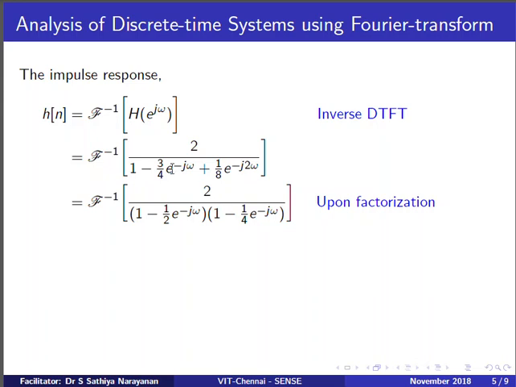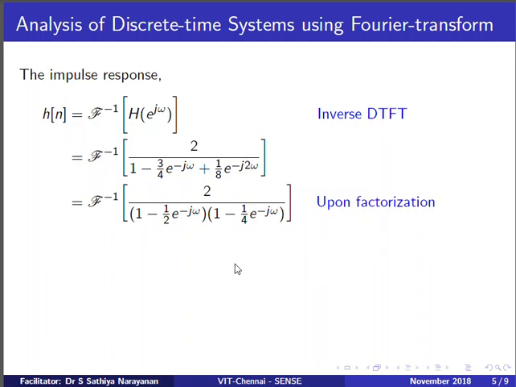So for the sake of convenience, we are splitting this denominator into two terms. Therefore, when we factorize, it becomes 1 minus 1 by 2 e raised to the power minus j omega times 1 minus 1 by 4 e raised to the power minus j omega.